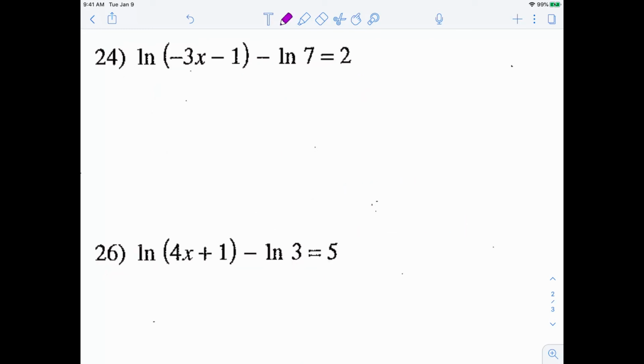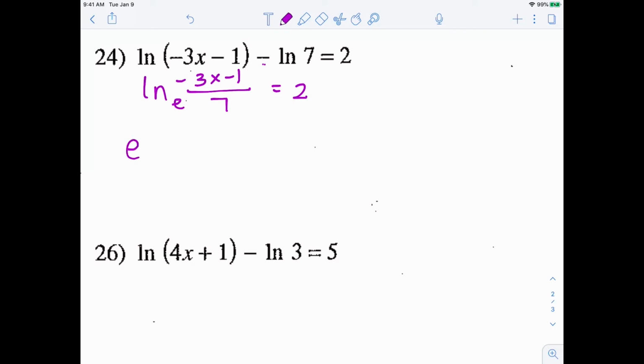Finally, we're going to end with number 24, where again we have to simplify the left side to be a single logarithm. We're using natural log, that's okay, it just means we have a base of e. This will end up being natural log of negative 3x minus 1 over 7 equals 2. Because again, I'm subtracting, so I have to simplify by dividing. Again, natural log has a base of e, so I'm going to apply an exponential base of e.